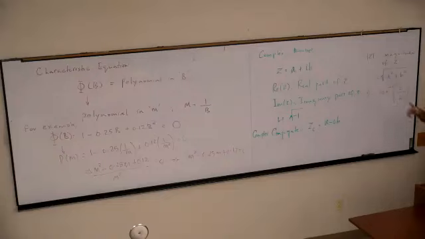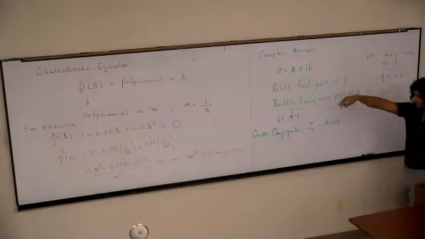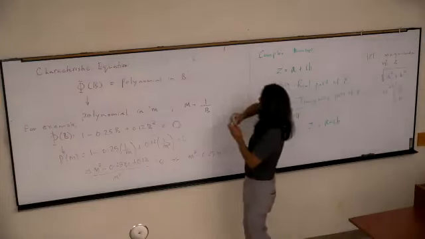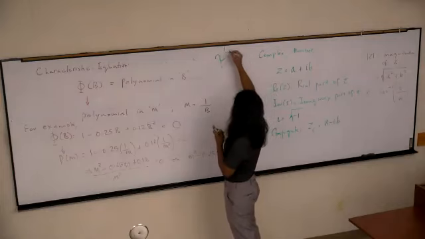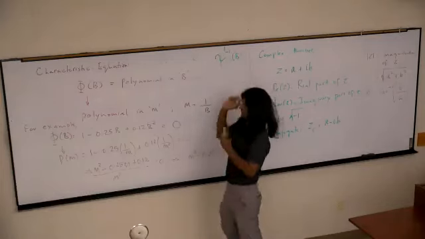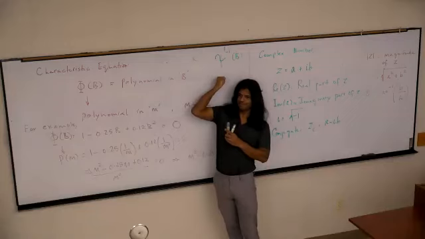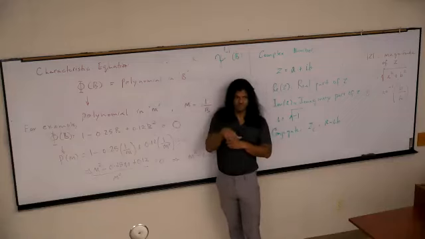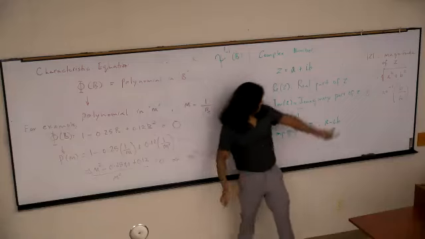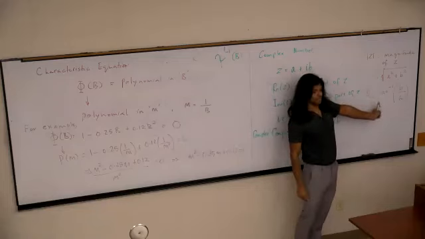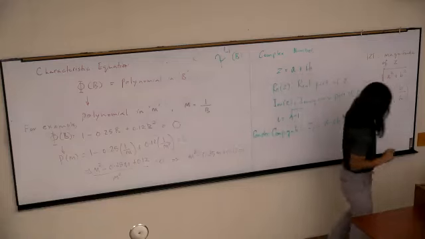Unlike the times when we wrote psi raised to -1 of B, that's not an inverse function. It's 1 over psi of B. But here I literally mean the inverse function.